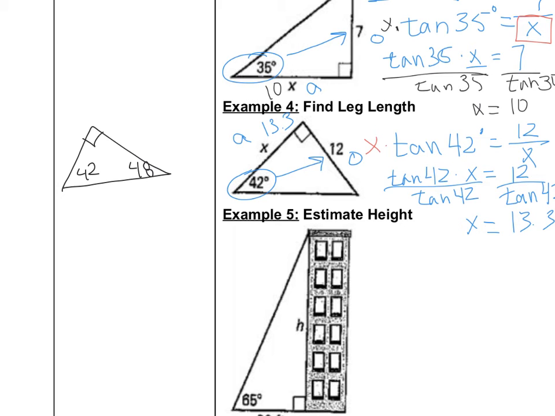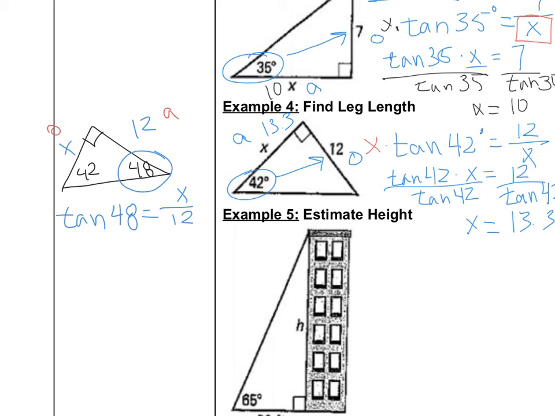Okay, this was x, this is 12. We could work this using tangent of 48 degrees, and there's a little bit easier algebra involved. So tangent of 48 degrees equals the opposite, which in this case is x, over the adjacent, which is 12. So opposite x over 12.